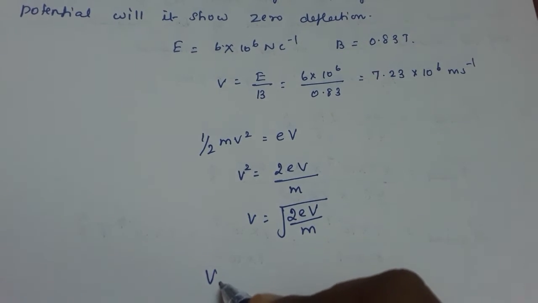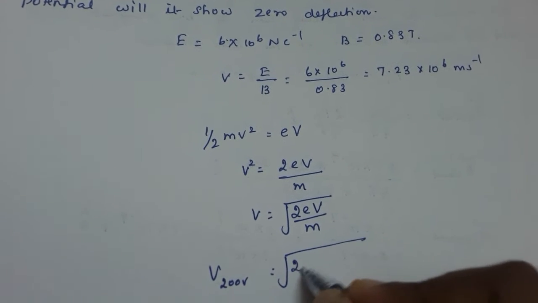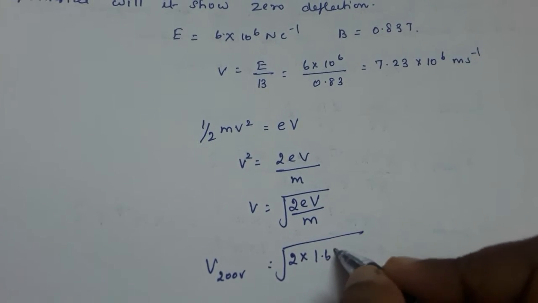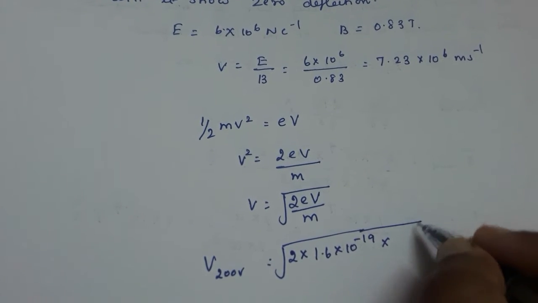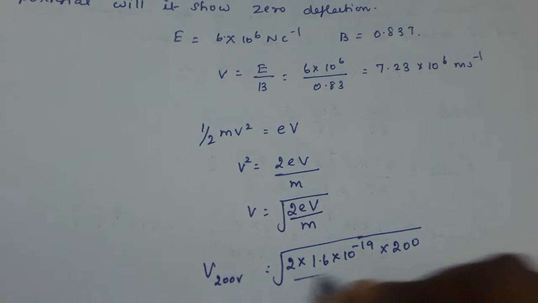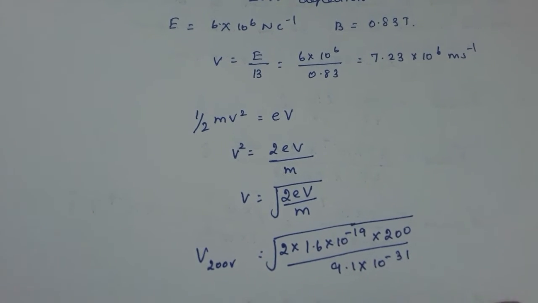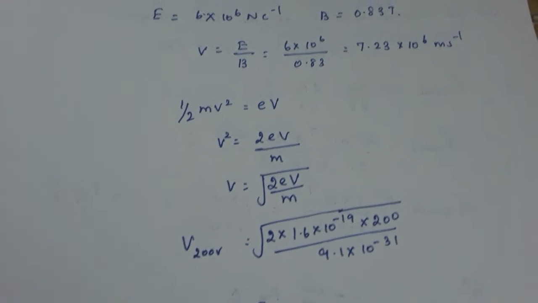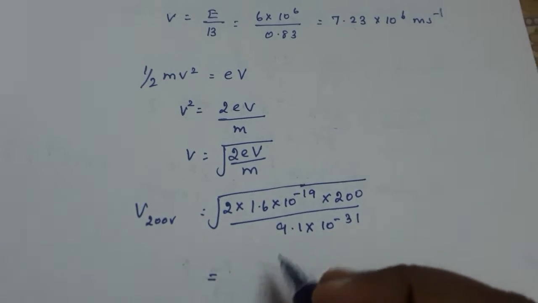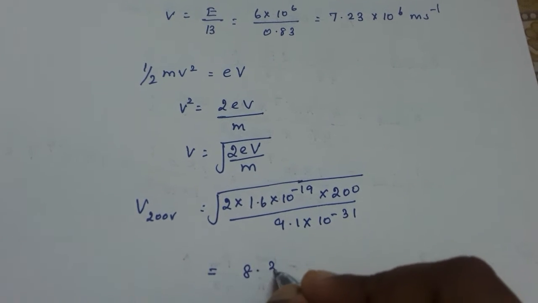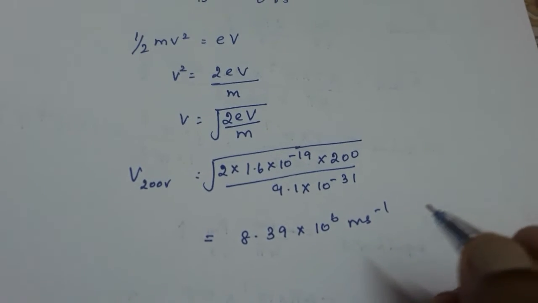The velocity at 200 volt is equal to root of 2 into, this is an electron, so the charge is 1.6 into 10 raised to minus 19, into the potential 200, divided by the mass of the electron, 9.1 into 10 raised to minus 31. If you substitute these values and calculate, you will be getting 8.39 into 10 raised to 6 meter per second.